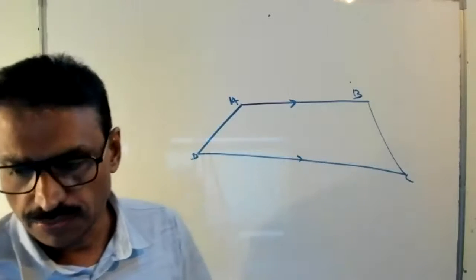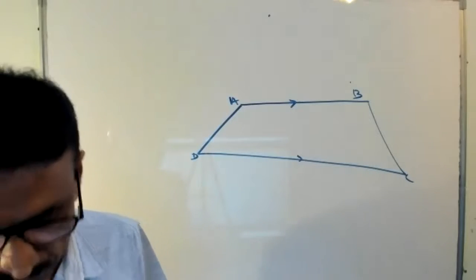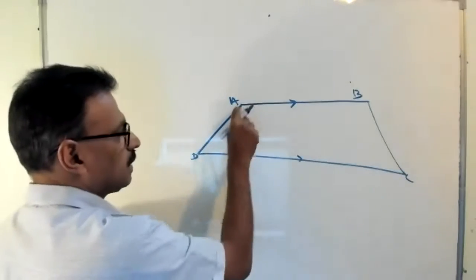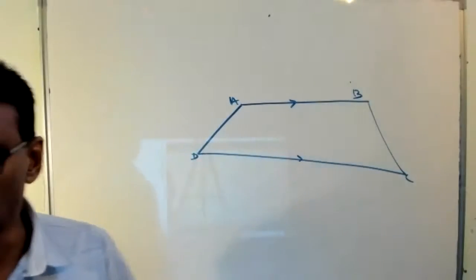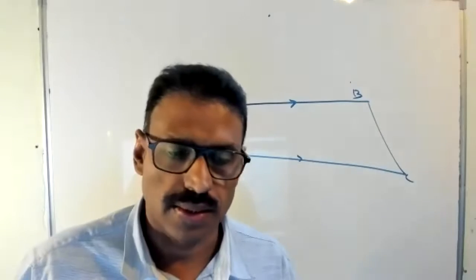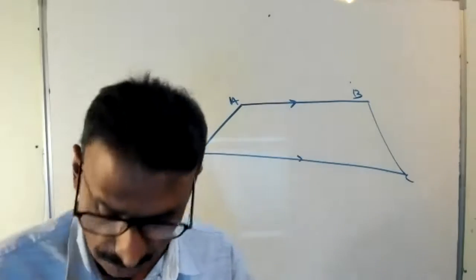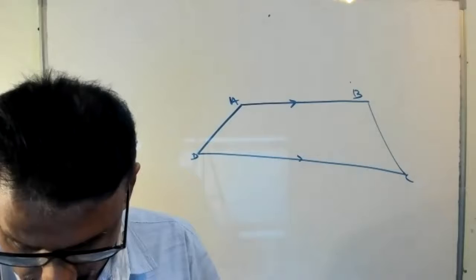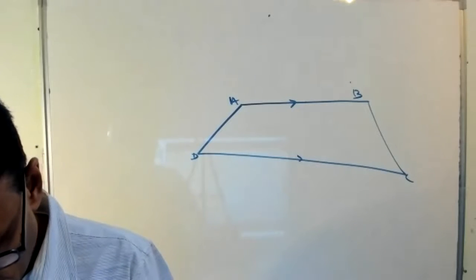First figure, trapezium. Second figure, isosceles trapezium. That means AD equal to BC. In a trapezium, non-parallel sides equal is called isosceles trapezium. This is okay or not? Yes, sir.